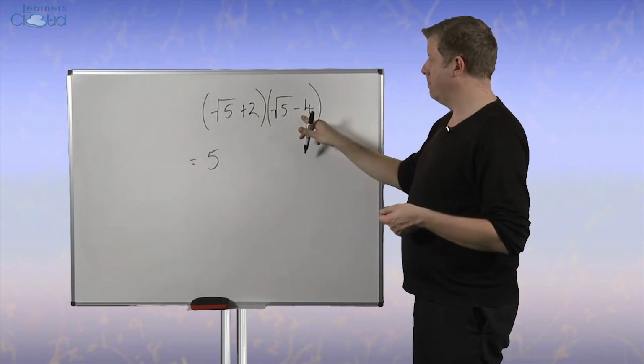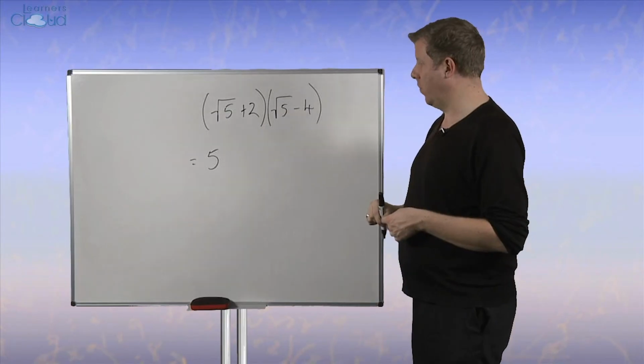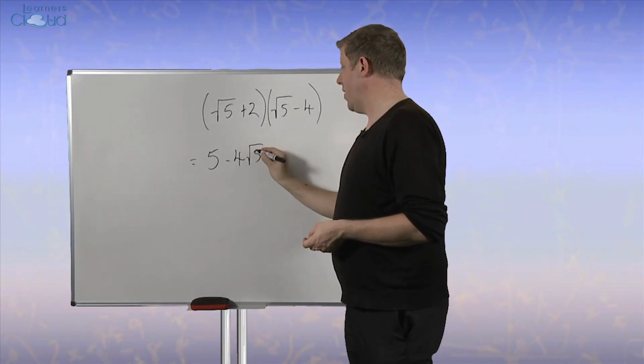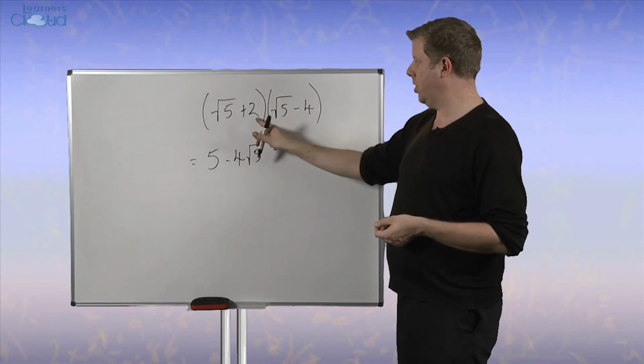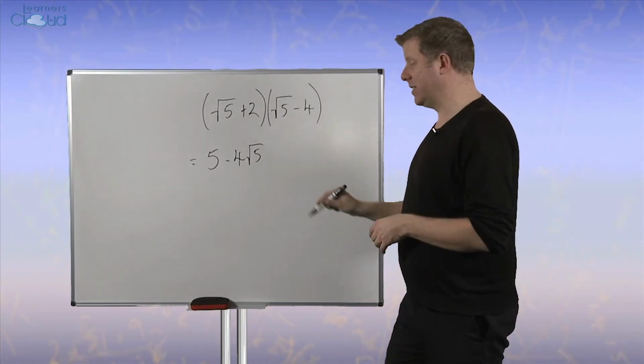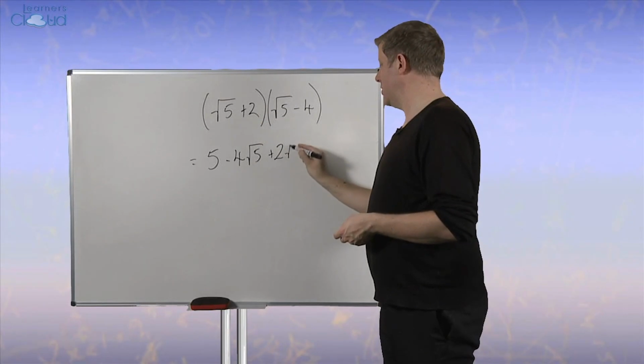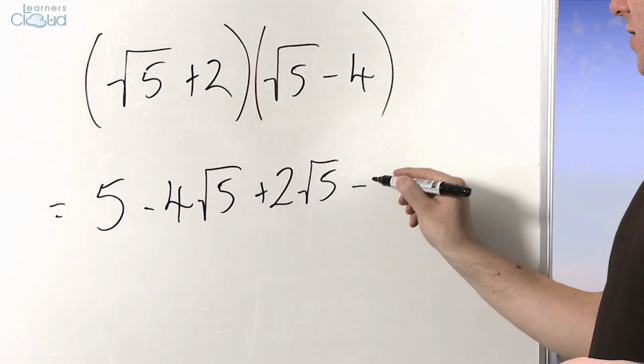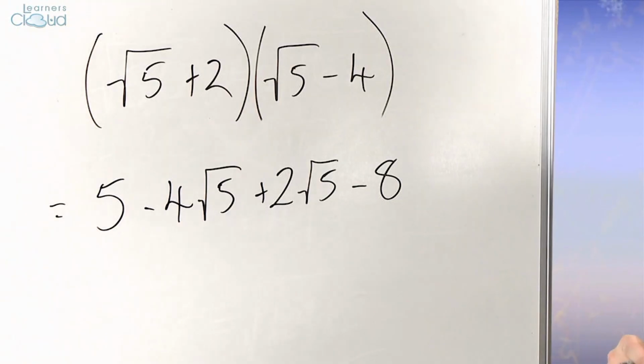Square root of 5 multiplied by minus 4, my two outside terms, gives me minus 4 root 5. Two lots of root 5, my inside terms, plus 2 root 5. And finally my two last terms, 2 times minus 4, gives me minus 8.